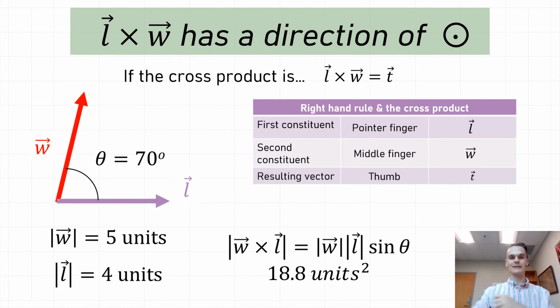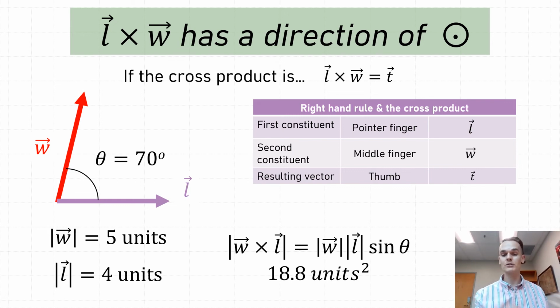So I place vector L on my pointer finger, vector W on my middle finger, and my thumb, representing the direction of the vector outputted by the cross product, is pointing out of the board.